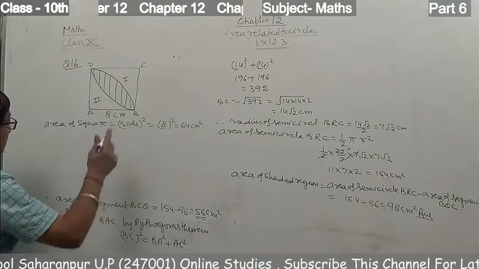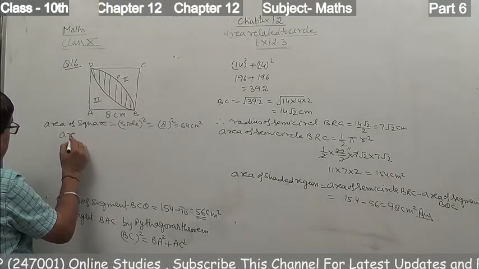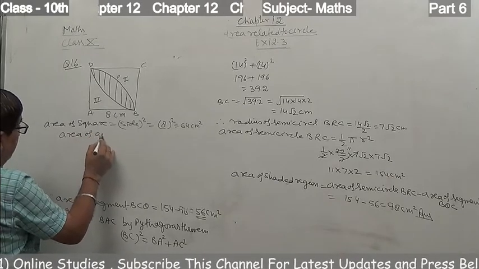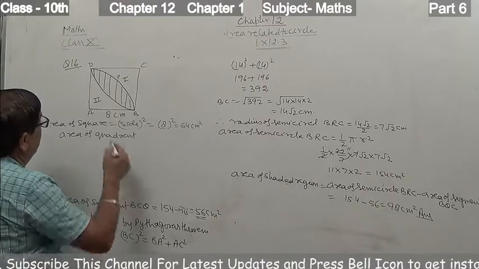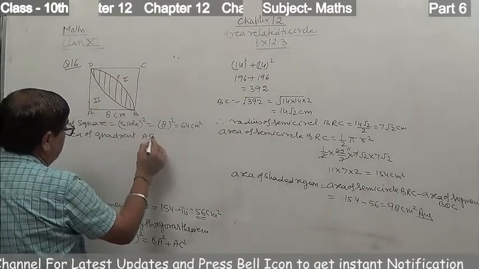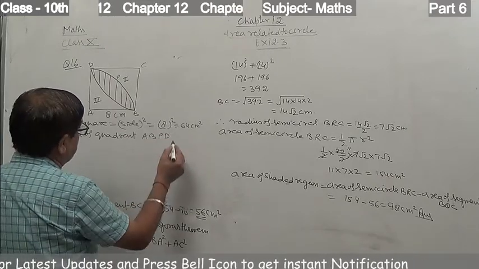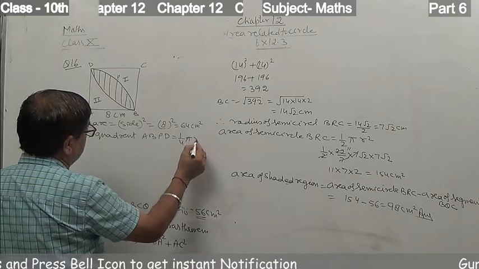Area of quadrant, here written as any point P. Area of quadrant ABPD, that is 1 upon 4 pi r square.